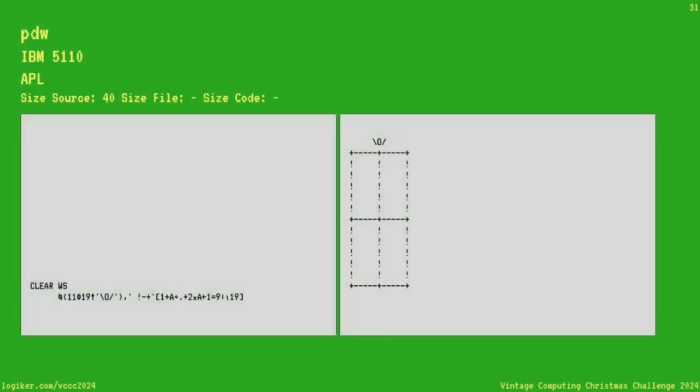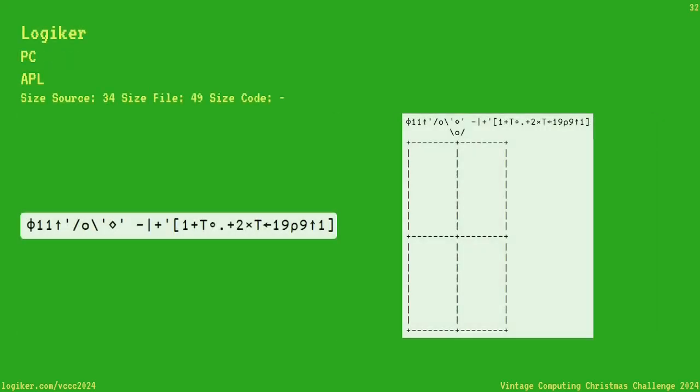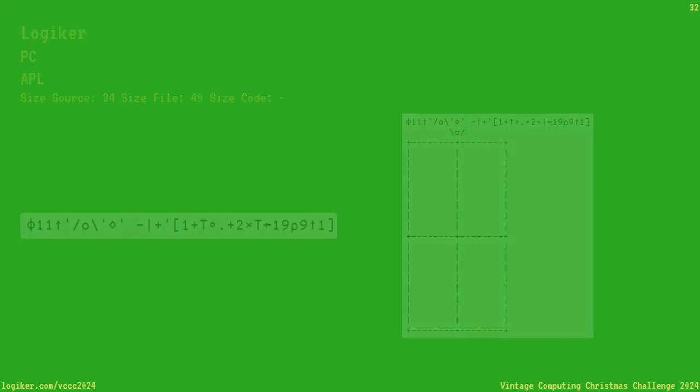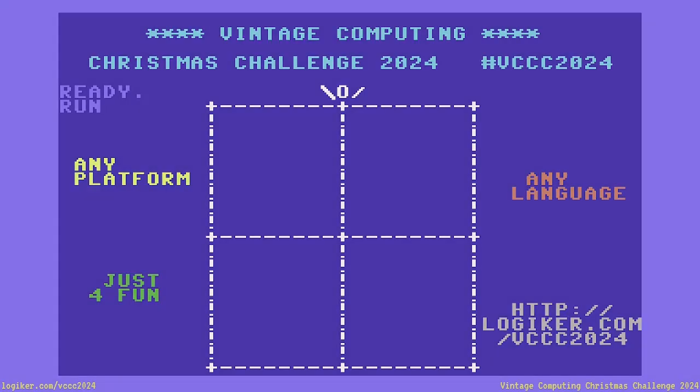Now APL again, and 40 bytes only. Shorter than the winning entry in assembler, and 34 bytes with this entry, which we can look into very quickly. And that's it. That was the winning entry in this category.